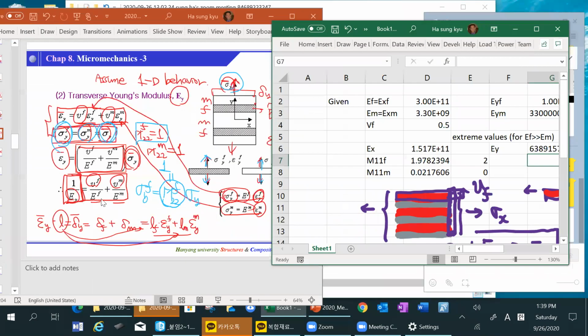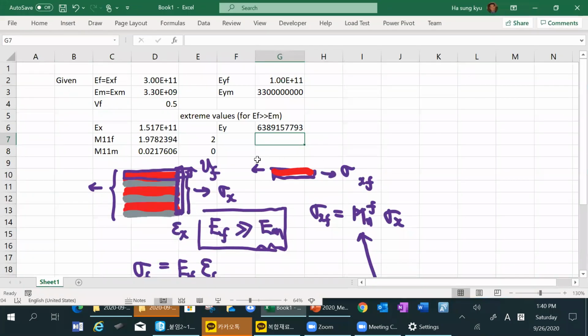Okay, this is the EY. And again, this EF is the transverse directional stiffness, and this is the transverse stiffness, and VF and VM. Right, this is the inverse.